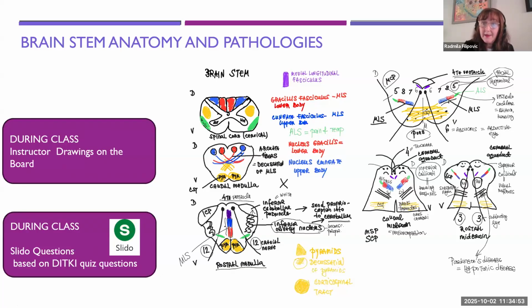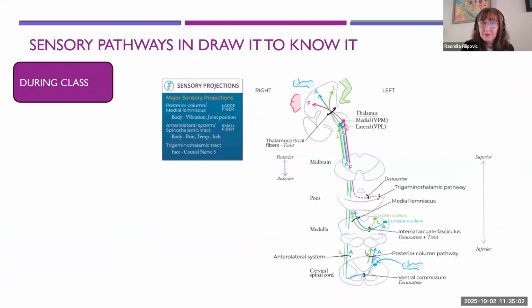And we also assess their understanding using Slido questions, which are based partially on the Draw It to Know It quiz questions. And another one is we combine that with the new tutorial, which was just published this summer, Draw It to Know It, which I find very excellent, on sensory projections from the spinal cord all the way to the cortex, color coded.